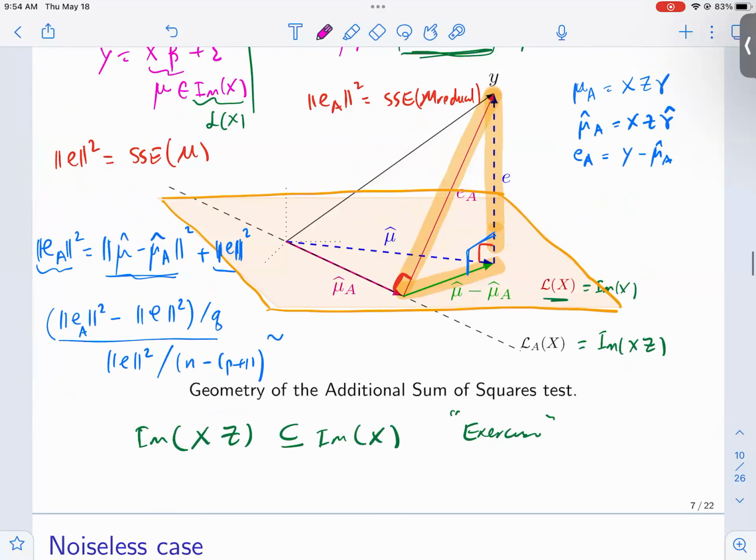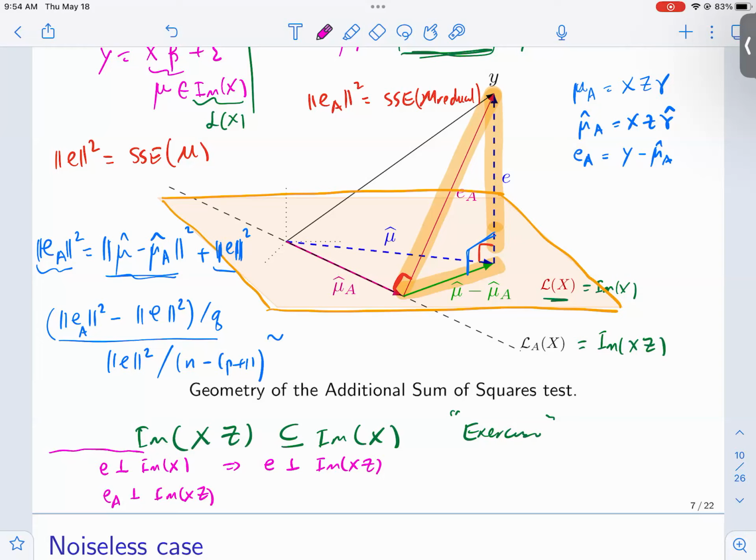There's a lot of stuff here, so I write it here. E is orthogonal to the image of X. We know this relation holds, so E is orthogonal to the image of XZ as well, because everything in XZ is in the image of X. So E is orthogonal to everything on the line, because the line is in the plane. You also know that E of A is orthogonal to the image of XZ.